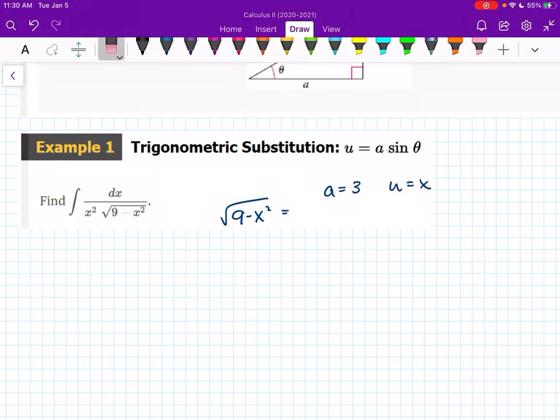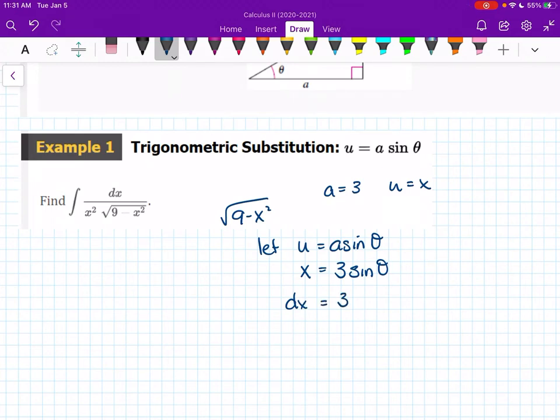So then I'm going to let x equal a sine theta, so x equals 3 sine theta is going to be my substitution. And it's going to be really helpful to go ahead and take the derivative of that right away. So then I have dx equals 3 cosine theta d theta, because when we do our substitution, we also want to substitute that dx.